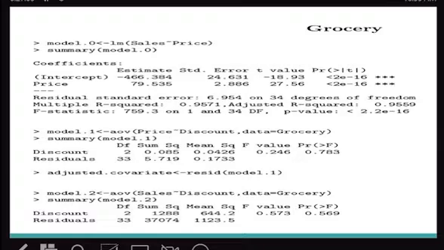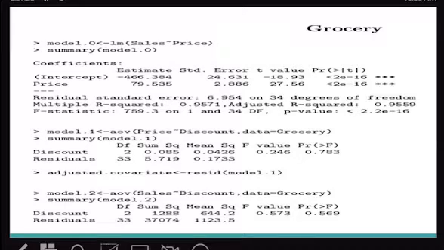Now that turned out to be significant, which means the covariate influences the response.